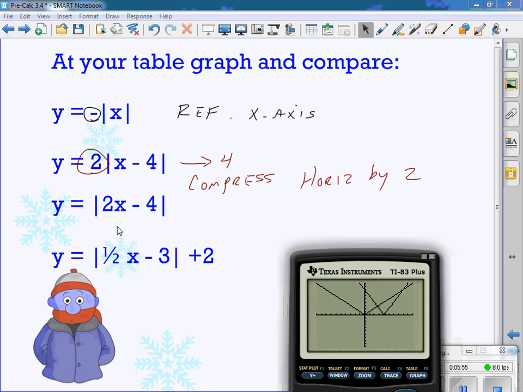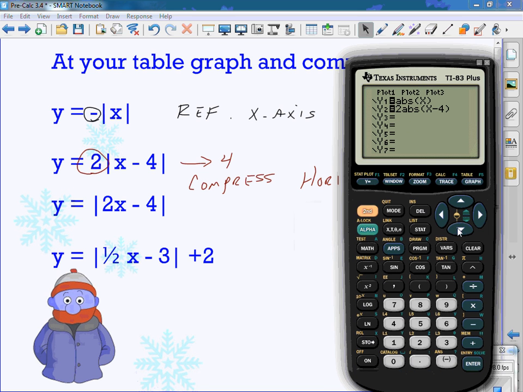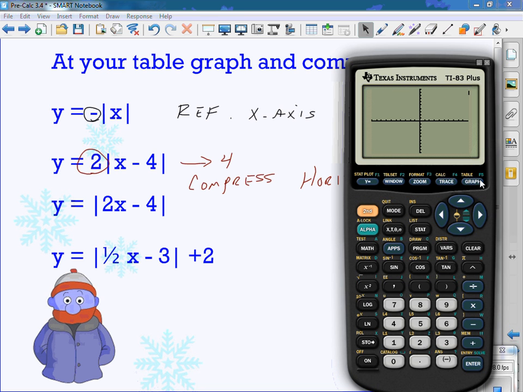Okay. Now, this one here, the 2 is now on the inside. So all I'm going to do is take this 2 from the outside, throw it on the inside now. There's the original one. There's the other one.